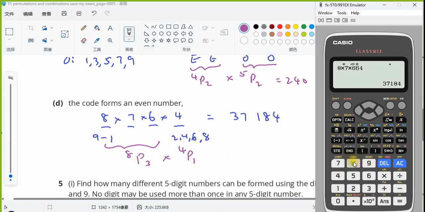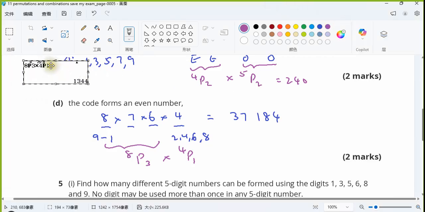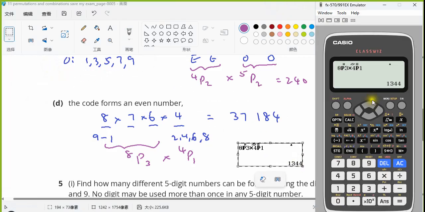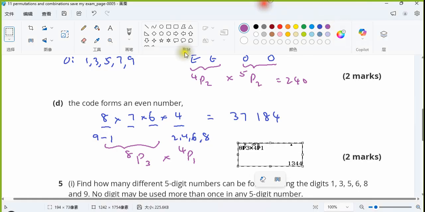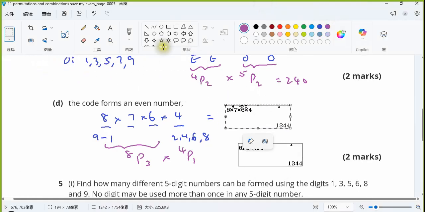So we have 8P3 times 4P1, then it's 1344. Oh, I made a mistake here. Yes, 1344. Okay, so this is 1344.